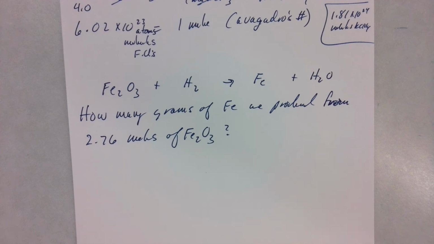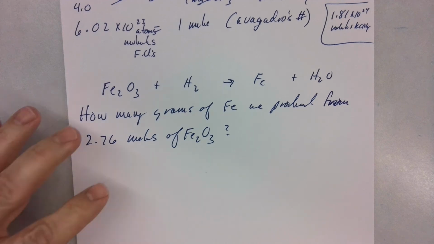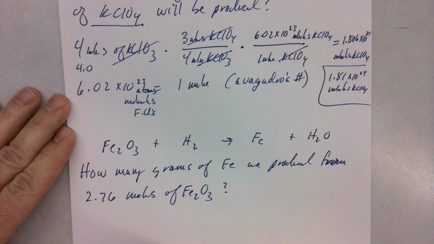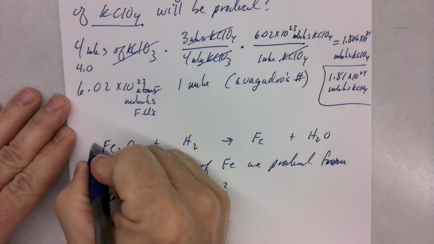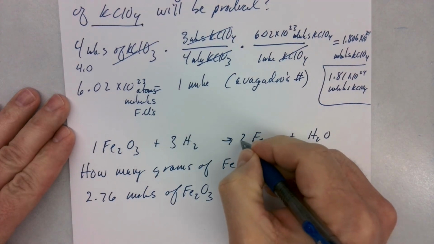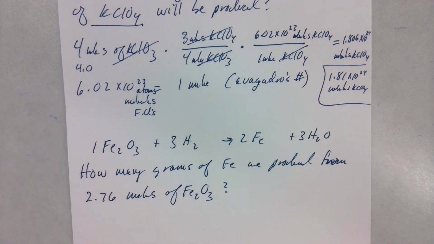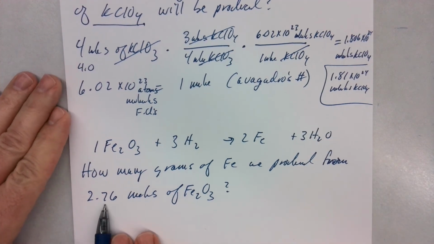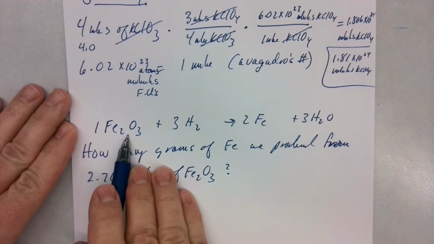Well, let's do it. So, what's the first thing I have to do? Got to balance it, right? So, what is it balanced? Anybody balance it? What does it balance as? 1, 3, 2, 3. She's right? Okay, so it says how many grams of Fe are produced from 2.76 moles of that, right?